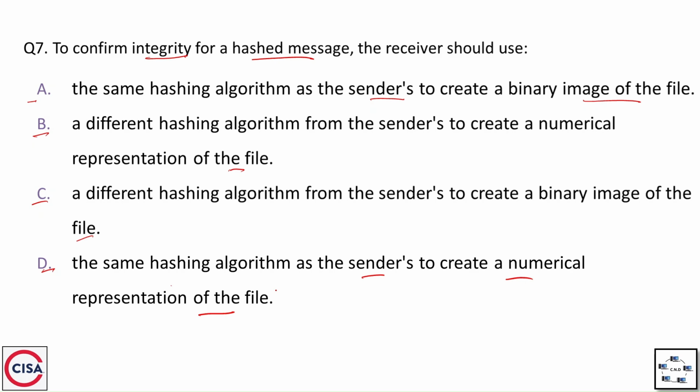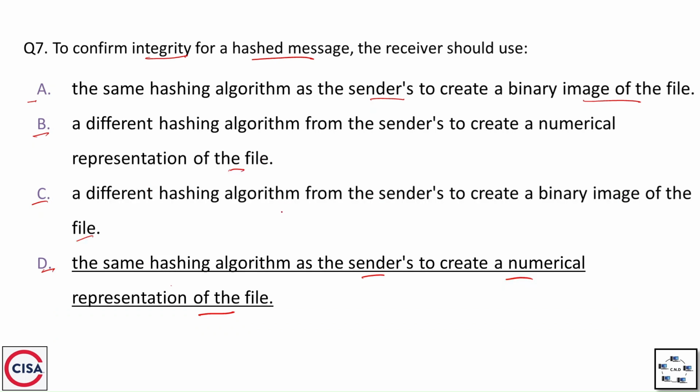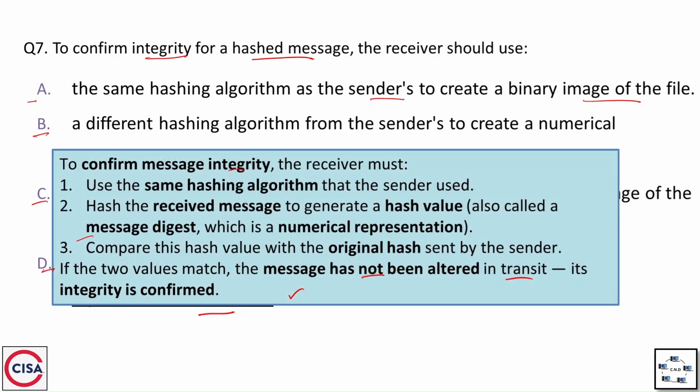And the correct option is option D, using the same hashing algorithm as the sender's to create a numerical representation of the file. And the explanation is, to confirm message integrity, the receiver must use the same hashing algorithm as the sender used.